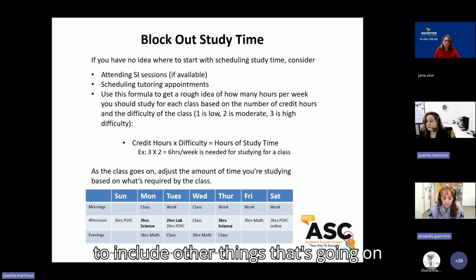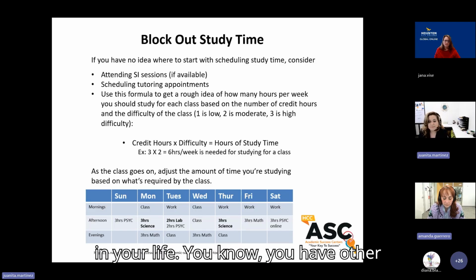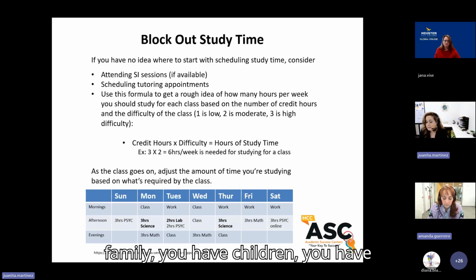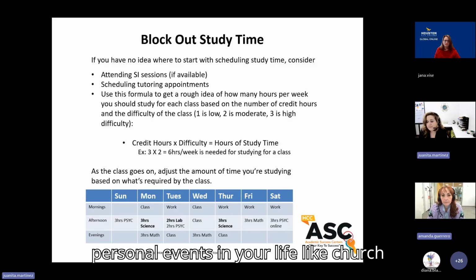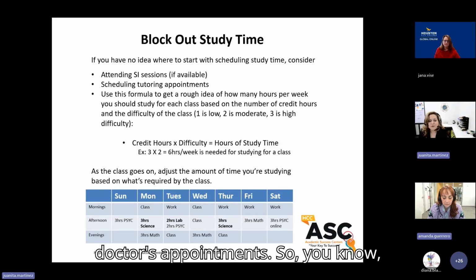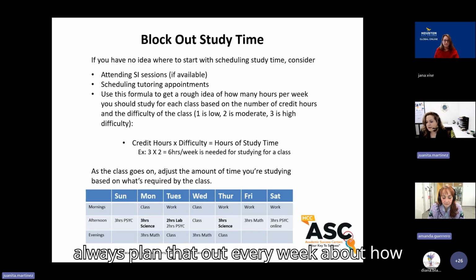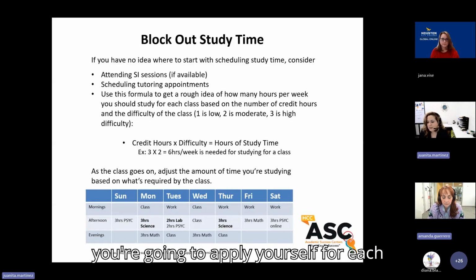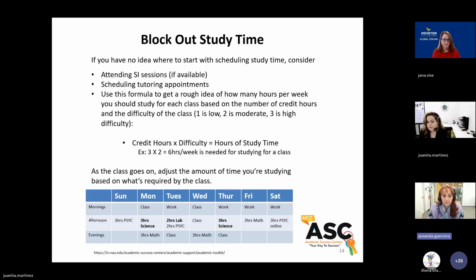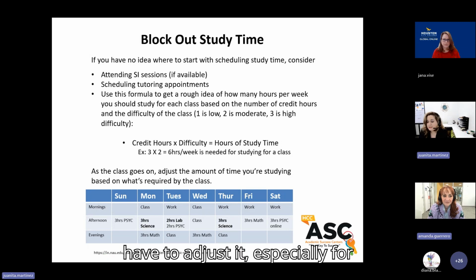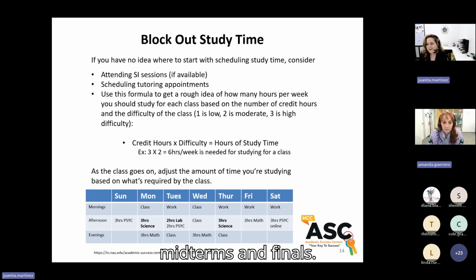But also you have to include other things that are going on in your life. You have other classes, you may work, you may have a family, you have children, you have personal events in your life like church, or you have to go to doctor's appointments. So always plan that out every week about how you're going to apply yourself for each course based on the level of difficulty per week until the semester is over. But you may have to adjust it, especially for midterms and finals.